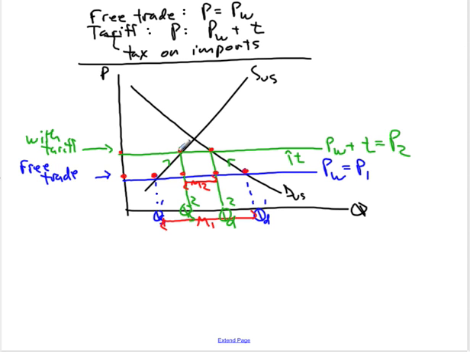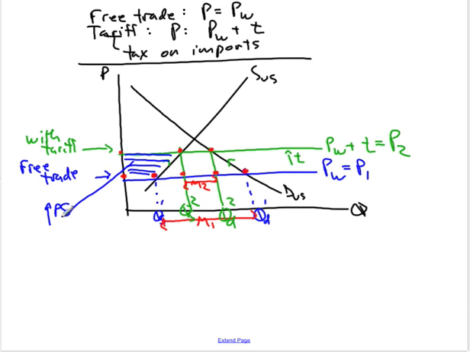This trapezoid, what's that? Well, that's the increase in producer surplus, because producers are now selling more, QS2 instead of QS1, and charging a higher price. So that's the gain in producer surplus.